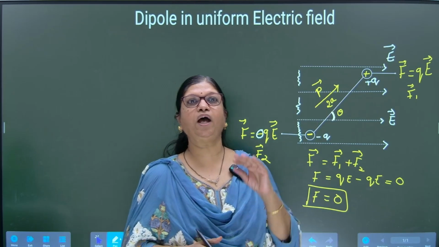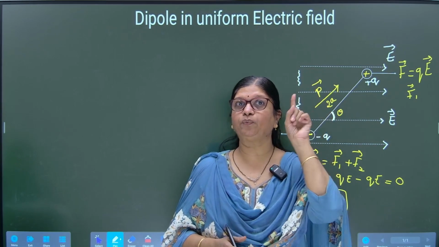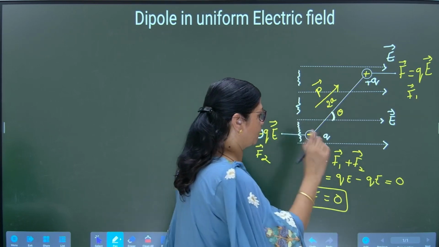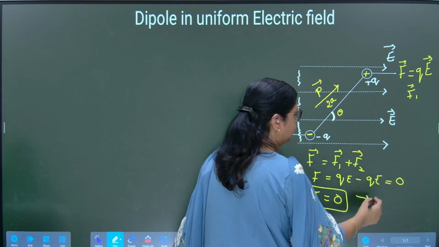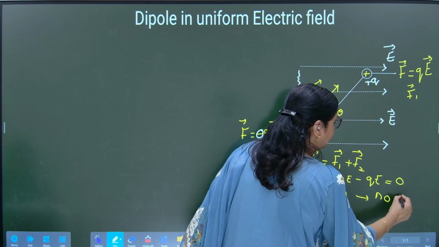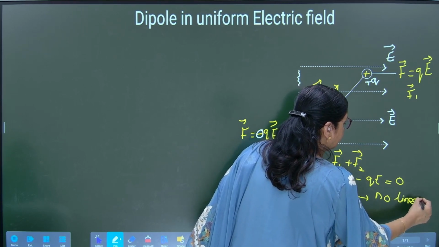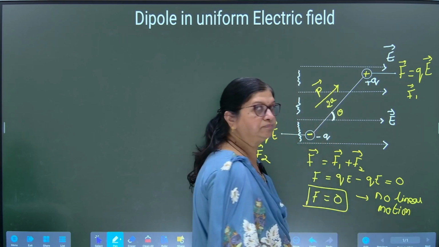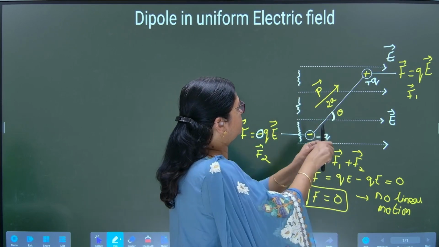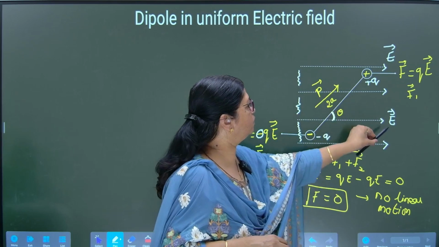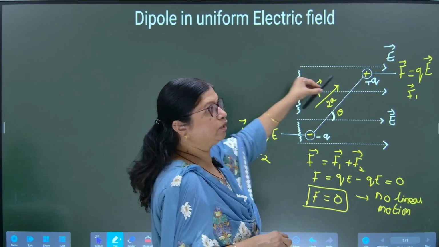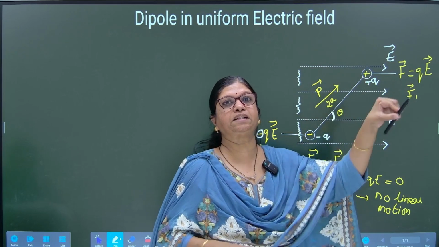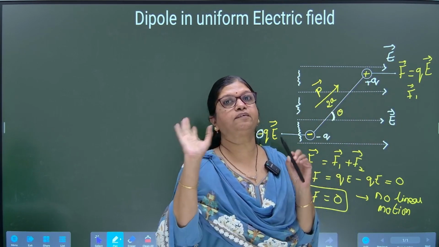See, you have to go back to standard 11th where you have learned that if net force is 0, this is also one question, the dipole will have no linear motion. What does it mean? That this dipole which I kept here will not have a linear motion due to the force experienced by the dipole in the presence of a uniform electric field.